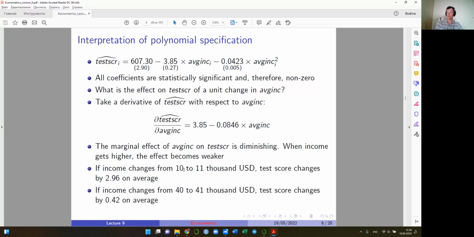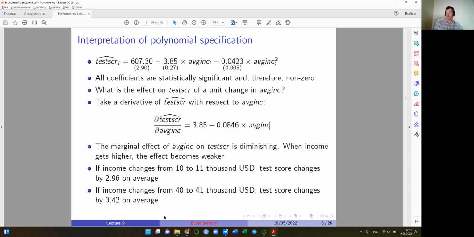If a relatively poor district becomes slightly wealthier, like by 1000 USD on average, the test score because of this increases around 96. But if the already wealthy district gets wealthier by 1000 here, the test score changes only by 0.42. Yeah, no class size effect here yet, so we will talk about this, but not now.